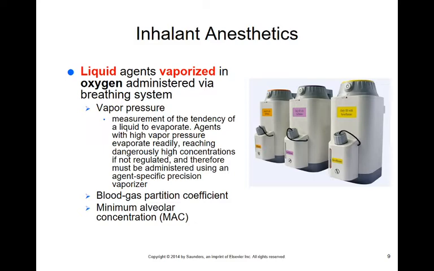The differences are in their blood-gas partition coefficient and in their minimum alveolar concentration. And that's how quickly does it get from the lungs into the blood and how much of that gas needs to be in the alveoli in the lungs in order to create anesthesia for that pet.